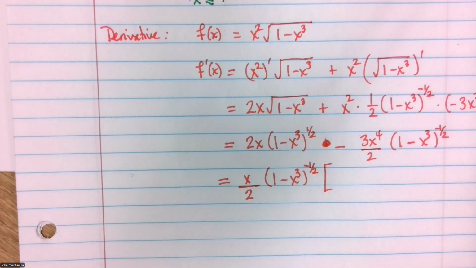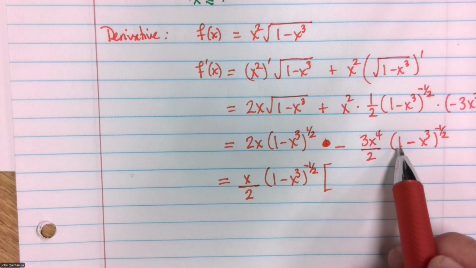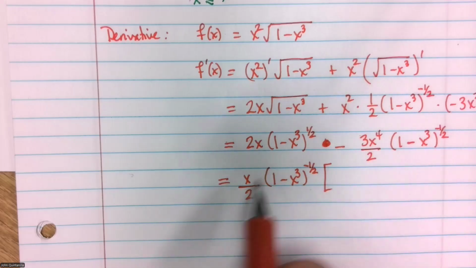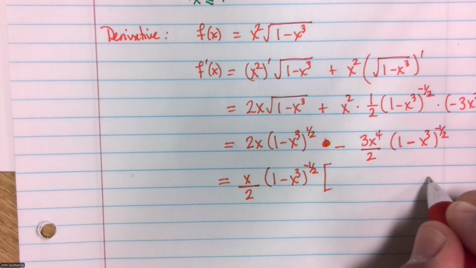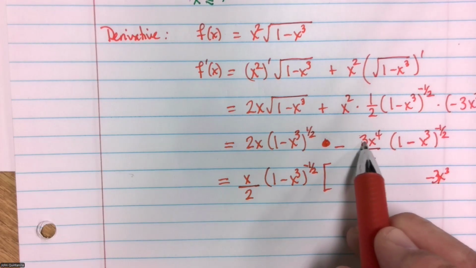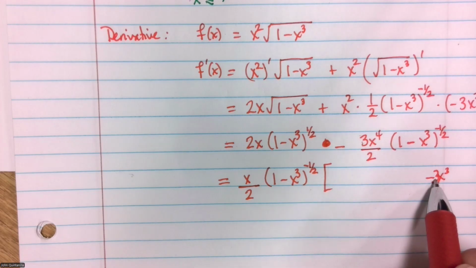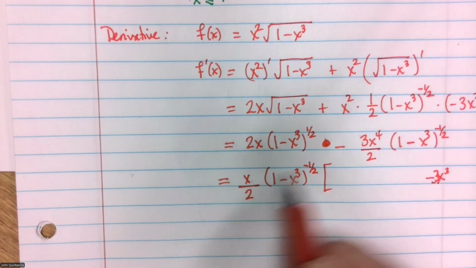Now what is left when I simplify? Let me do the second part first. I factored out an x, so that leaves an x cubed. I leave the 3 here, so the 3 and x cubed. If I multiply this together, I get 3 x cubed times x makes x to the fourth.